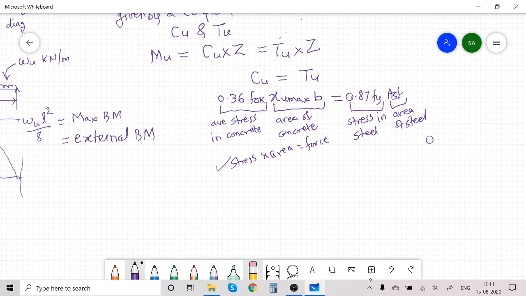Now I will consider the combination of grade of steel Fe250 and grade of concrete M20.